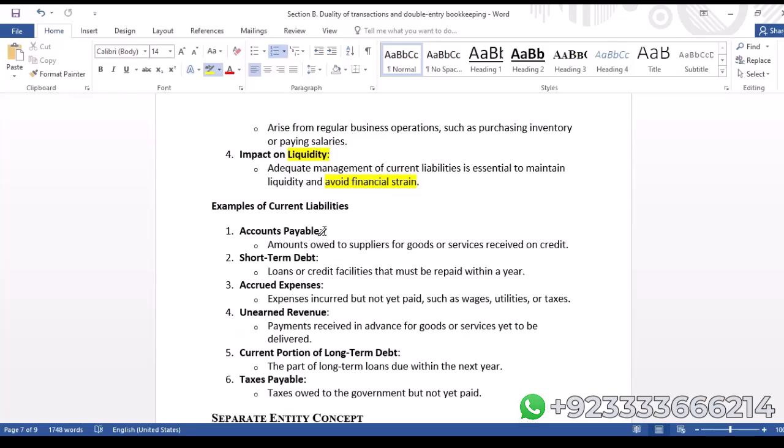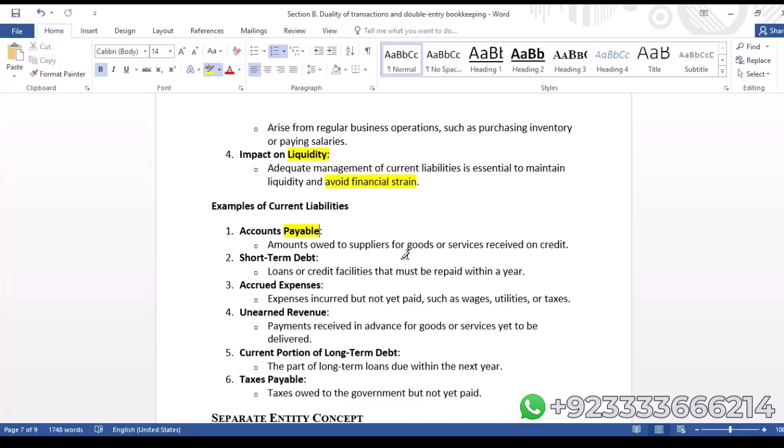Here we have purchased on credit from someone. For a credit purchase, we have to pay money. That is why it is called accounts payable. It is the amount owed to a supplier for goods or services that we have received on credit, as in the example of screens I have taken above.